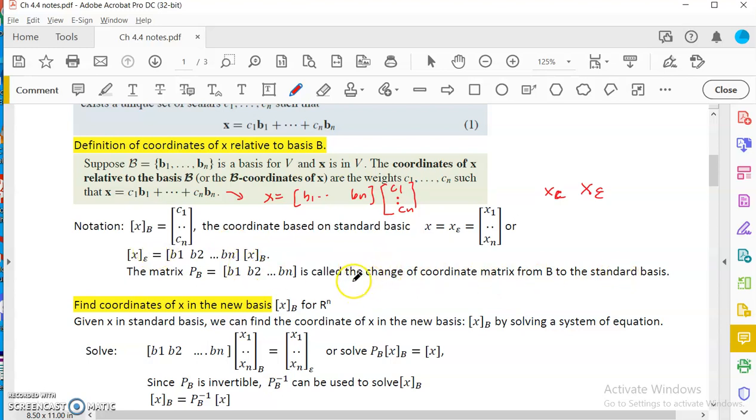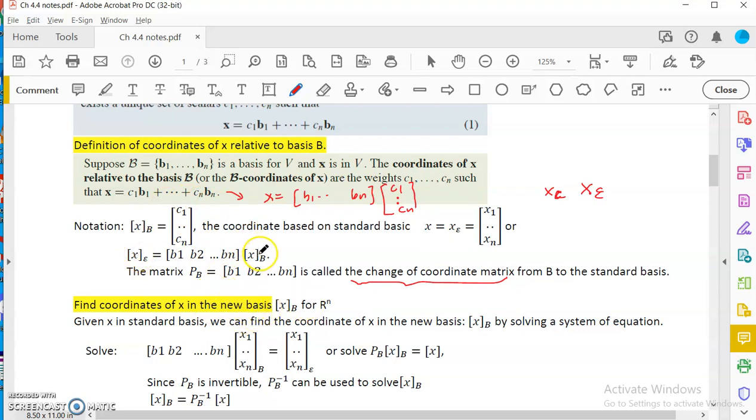What do you change it from? From B back to x. So if you multiply by the new C1 to Cn, that gives us the real standard vector.